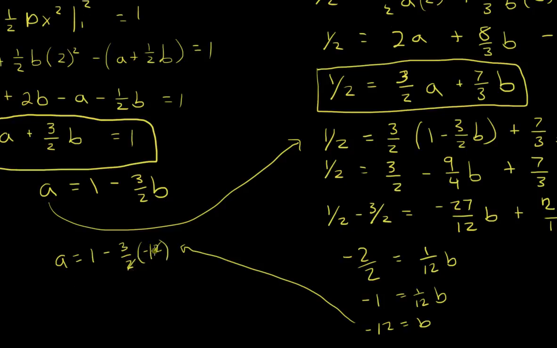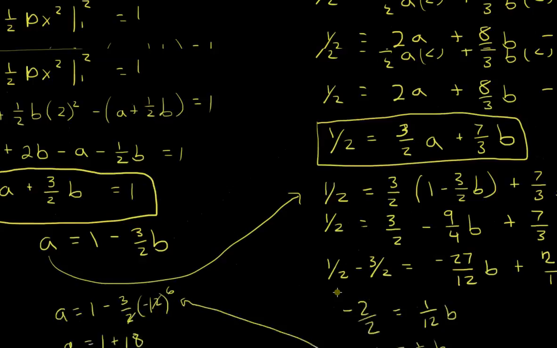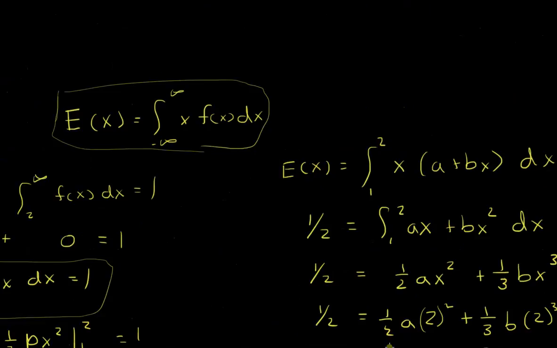So this cancels, that makes this a 6. So a equals 1 plus, negative and negative makes a plus, 3 times 6 is 18. So a equals 19. Okay. All right, so a equals 19, b equals negative 12. 19 and negative 12.